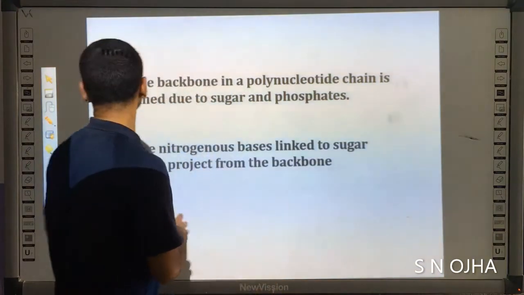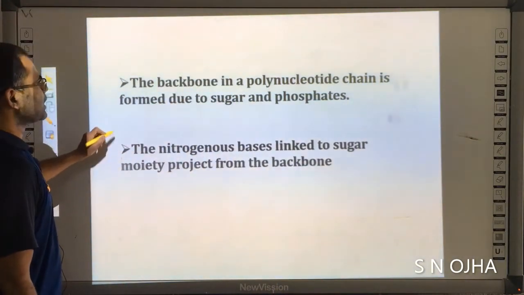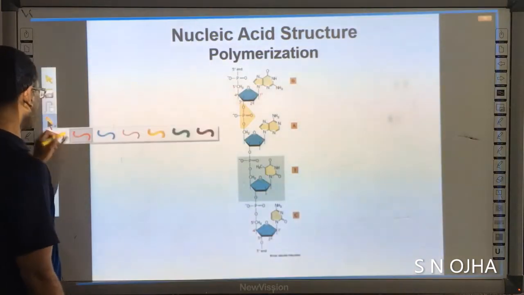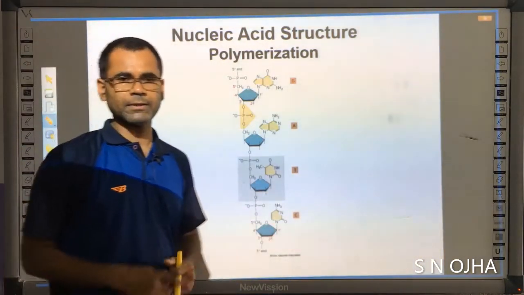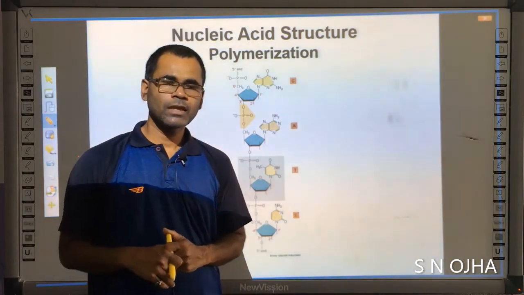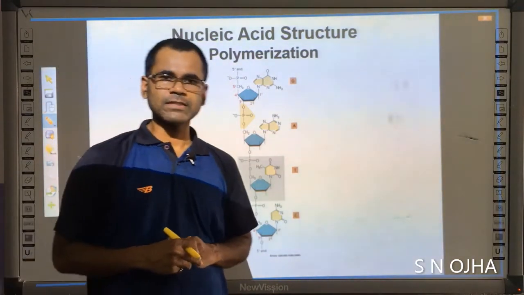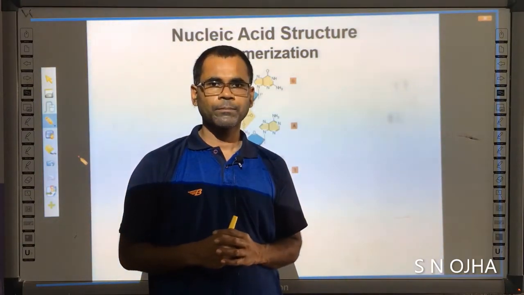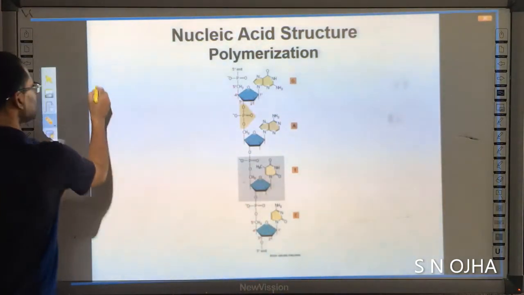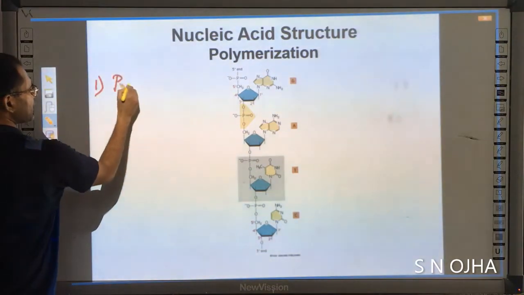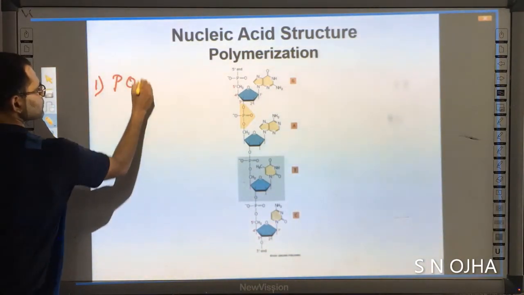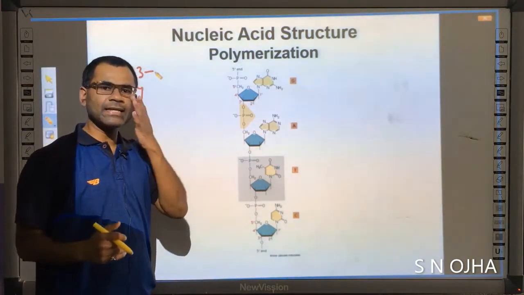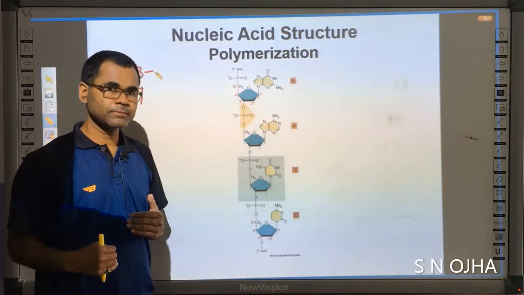Okay, so this is simply an introduction I wanted to give about the bonds, and now this diagram is very important. In the molecule of DNA, there are three different types of bonds. The first bond is called the phosphodiester bond. These phosphodiester bonds act as the backbone of the DNA.